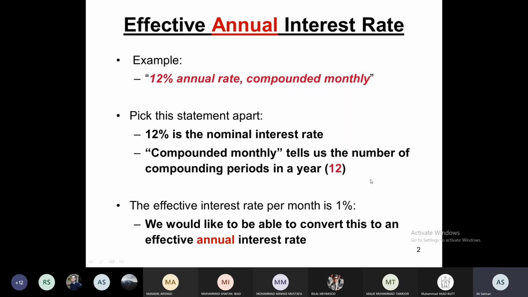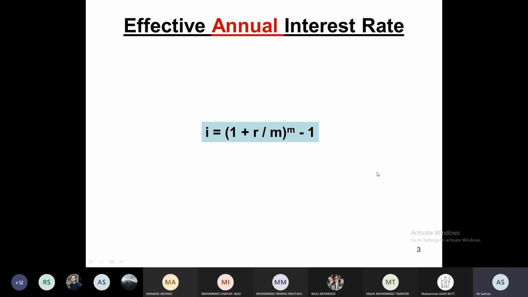For converting into the effective annual interest rate, we have this formula: I is equal to (1 plus R over M) raised to the power M, minus 1. This is the formula to calculate the effective annual interest rate.